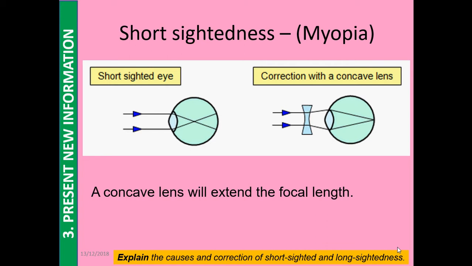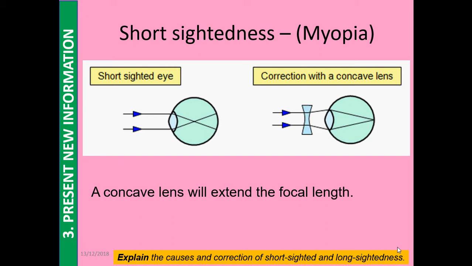So on the right hand side there, you can see the focal point hitting the retina, which is where it needs to be in order to focus that image correctly. So short-sighted, short focal length. If we're short-sighted and we're in a cave, we can see everything. In a cave means we're going to use the concave lens. And it's pulling out that focal length, increasing the focal length so that it focuses on the back of the retina there.